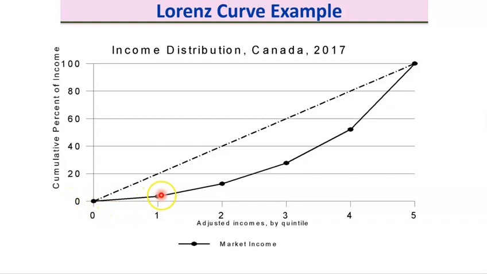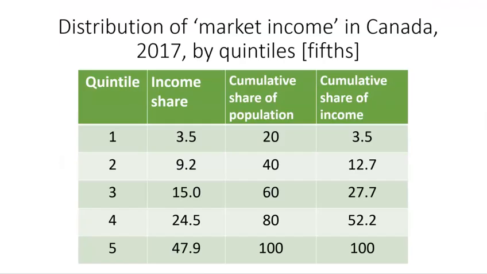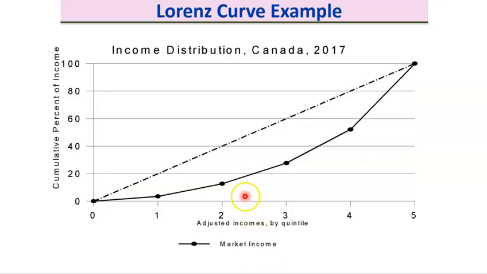So the lowest quintile, as we saw, had 3.5% of total income. The second quintile, once we include the second quintile, as we saw in the previous table, they had 12.7% of total income. So that's what this value is across here.